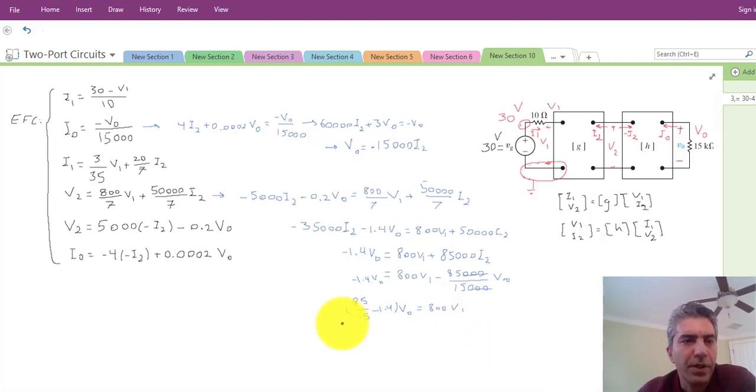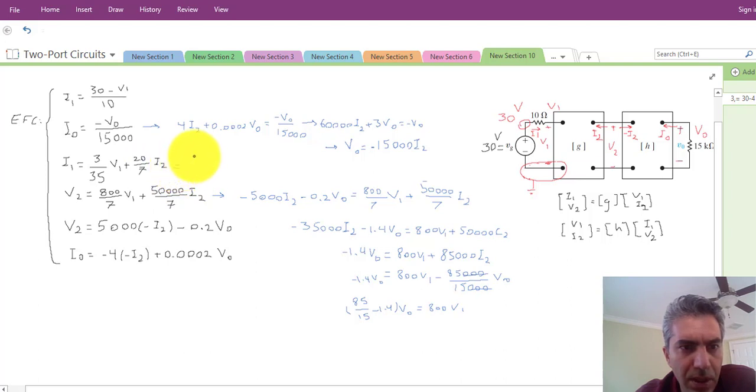And now finally I'm going to use this definition for I1, put it back in the first equation, and at this point I already know the way to define V1 as a function of V out, and I know how to define I2 as a function of V out, and that's what I'm going to use. So in other words, I'm going to immediately turn this into this equation. So 3 divided by 35 times now V1, I'm going to use this definition.